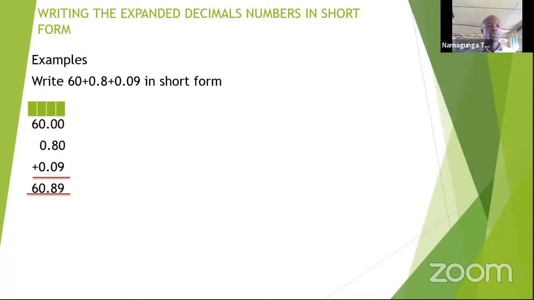Now, before we go to the first example, to write the expanded number in short form, you need to first get the values. We are just lucky that in the first example we have been given values. The number has been expanded using values, which is very okay.